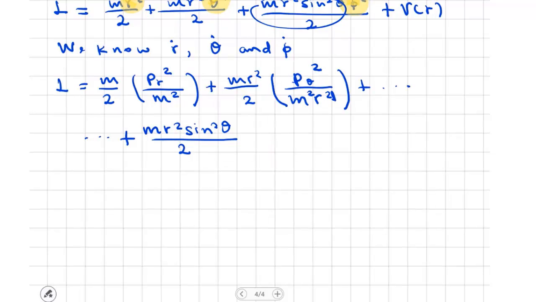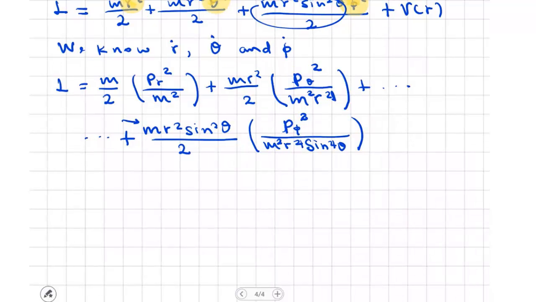Okay, so multiplying phi dot, but phi dot is p phi dividing m r squared sine square of theta. Alright, but it's phi dot squared, so we have to have here p phi squared m squared r to the 4th sine to the 4th of theta.